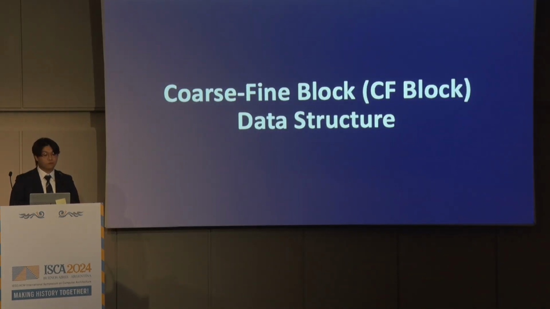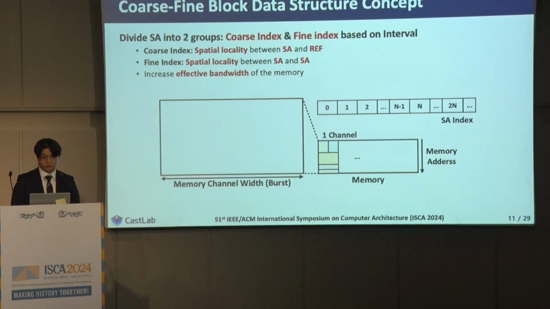First is the coarse-fine block data structure. In coarse-fine block data structure, we divide suffix array indexes into two groups with hyperparameter interval. First is the coarse index, which is an index at the multiple of interval, and the other is the fine index, which is the index between two coarse indexes.